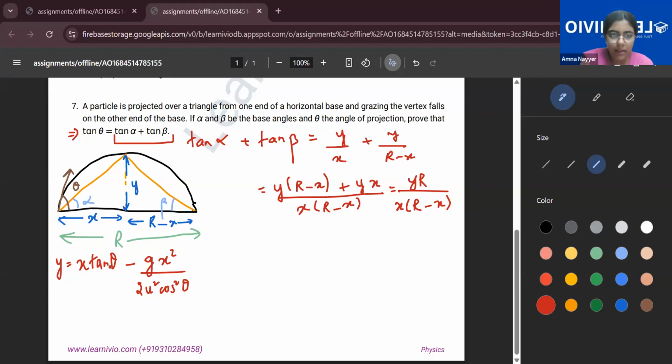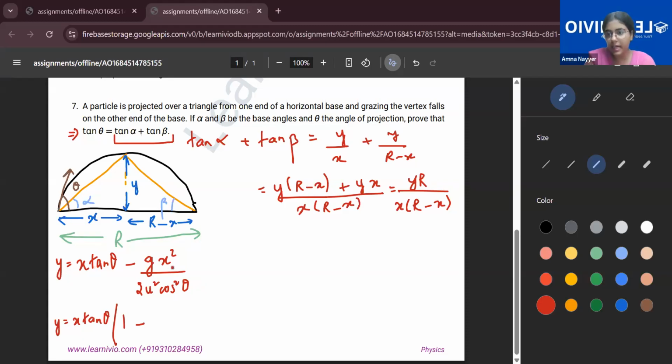So if I want to calculate tan theta, I should take the entire term x tan theta common. If I take x tan theta common from this side, 1 will be left here. And x will come out from the other term, but there is no tan theta, so it will come in the division.